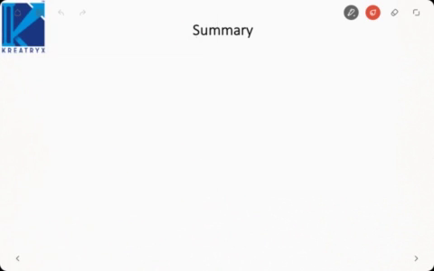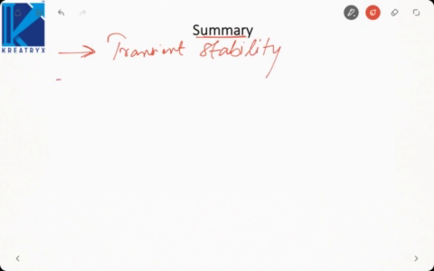So let us summarize what we have covered in this lecture. We first saw what is meant by transient stability and what its purpose is. The purpose is to design the speed of the circuit breaker. Then we saw the assumptions behind transient stability, in which we neglect the effect of AVR, the speed governor, machine damping and resistance to ensure that we are doing worst case analysis.